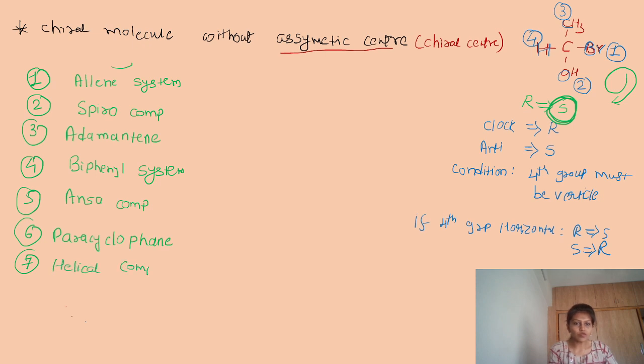So there will be a total of 7 chiral molecules.